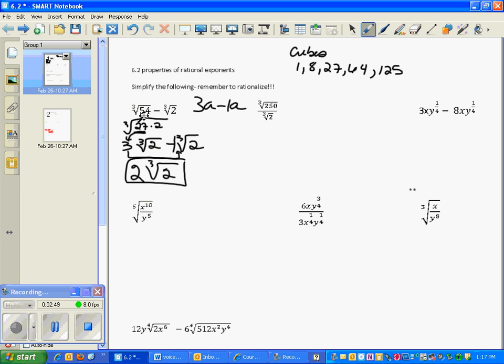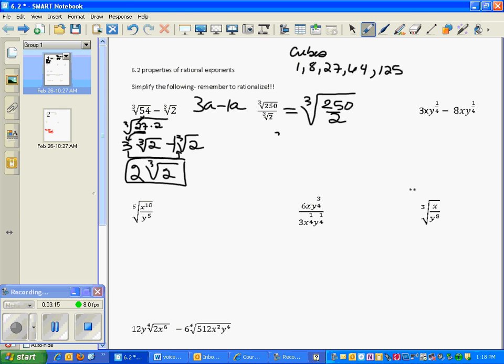All right. So this is the cubic root of 250 divided by the cubic root of 2. Are they both cubic roots? Yes. So if you remember, if they both have cubic roots, I can write it as one fraction under the cubic root, correct? That's 250 over 2. Can I divide the 2 into the 250 then?